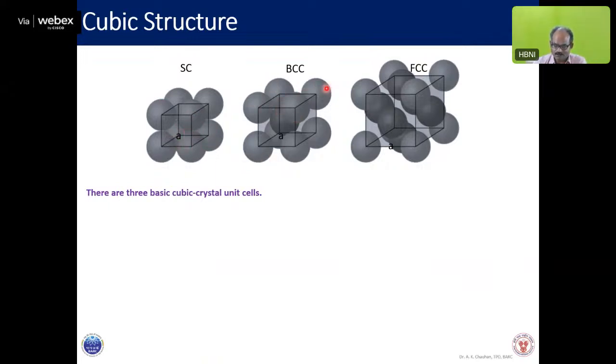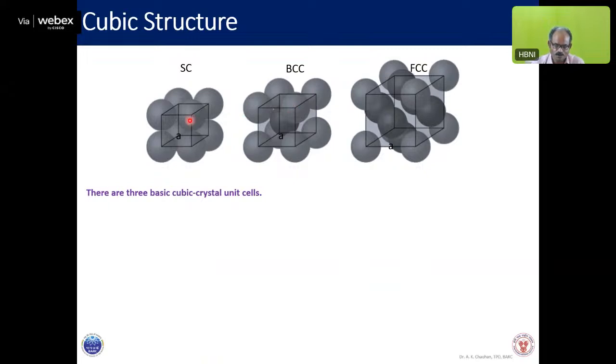Similarly, here also. In body centered cubic, you have 8 atoms at the 8 corners, and there is one atom in between those 8 atoms. By looking at these two structures, you can imagine which one should be the preferred structure.